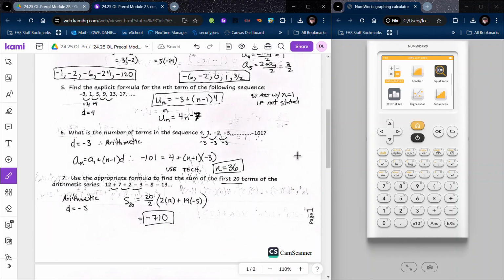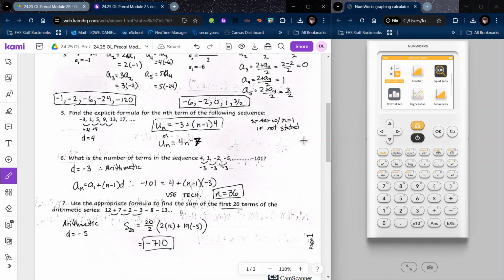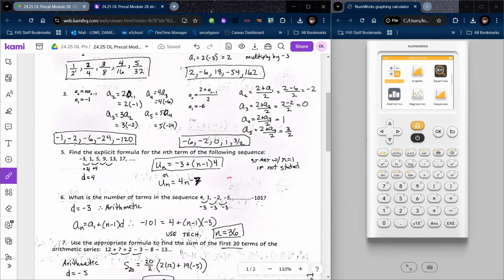So my first term, a sub 1, is equal to negative 3, and the common difference equals 4. I could also set up 4 times n, and my first term when n equals 1 has to be negative 3, so I'm going to have negative 7. So either of those is okay.